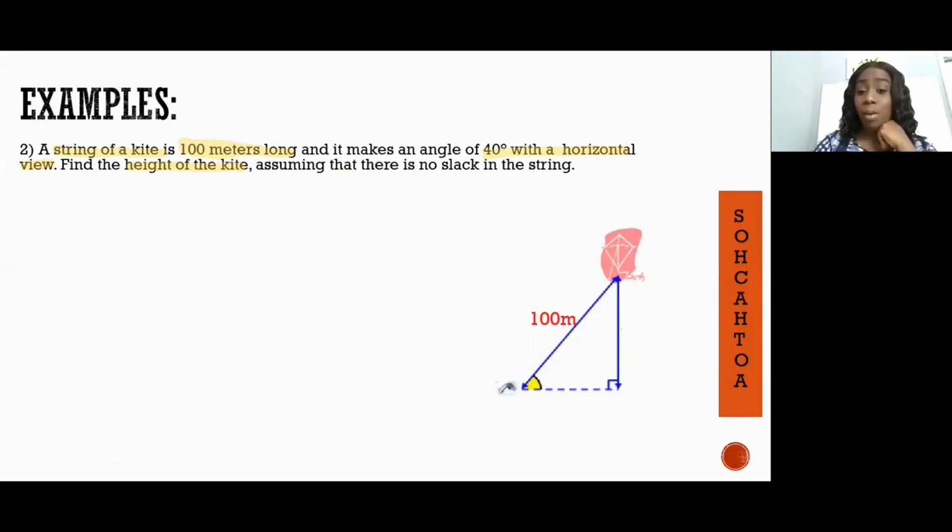I sort of gave that one away, but anyway, where does the 40 degree go? Remember that that's an angle. The 40 degree goes in the same yellow space right here.